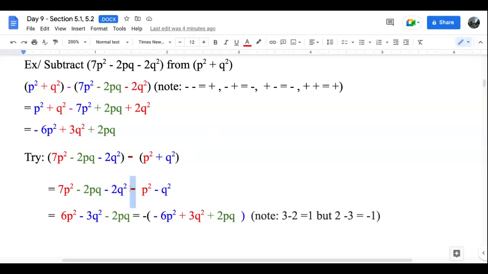If we have minus pq, we just have to do 7p squared minus p squared, minus 1p squared. And we cannot change this order, because with a negative sign, you cannot change the order. With plus, yes: p squared plus q squared equals q squared plus p squared.